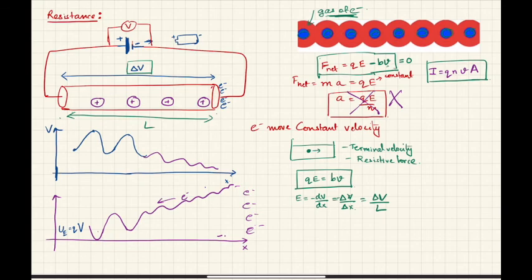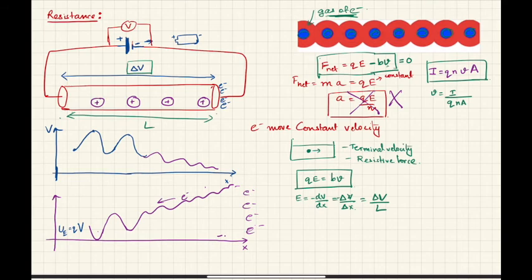If that's the case, then I can rewrite this equation as V equals I divided by QNA. And then I want to substitute this V in here.